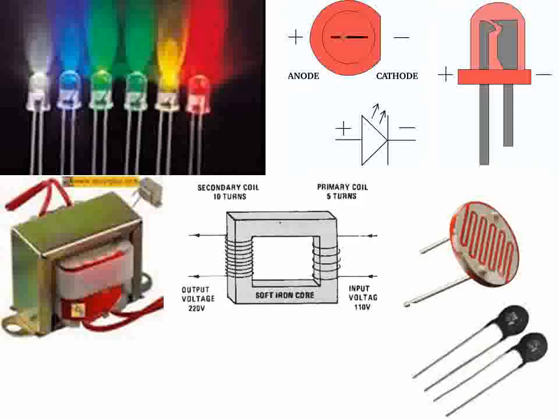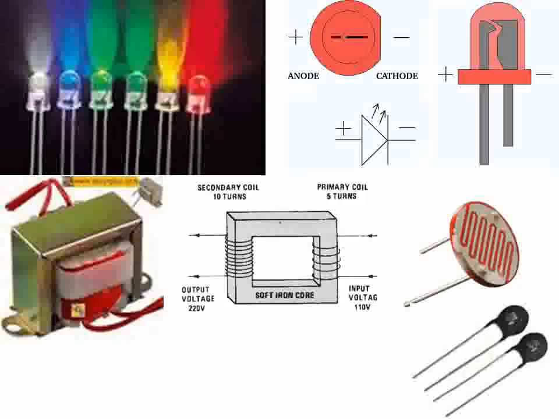At the bottom there is a transformer. The transformer figure is shown in between, and it shows two coils. One is the primary coil, another is the secondary coil. In the primary coil we observe 5 turns, that is 110 volt, low voltage.